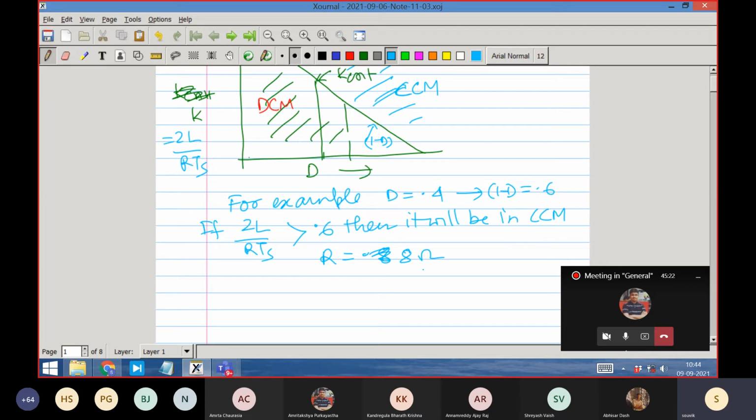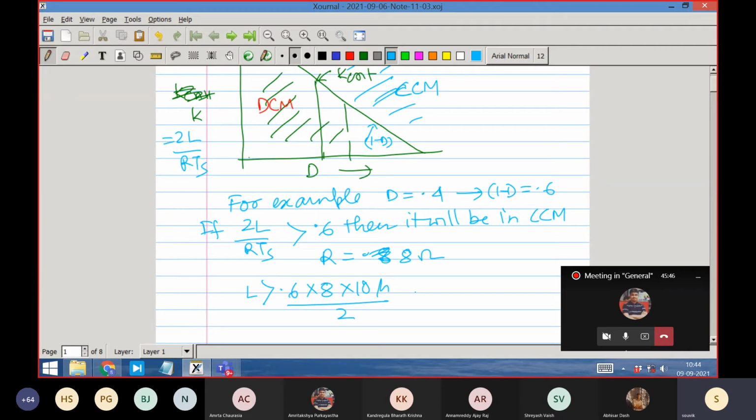Now I want to push it into CCM. So what way will I do? I will change either L or TS. So let us first change L. L has to be greater than 0.6 into R, R is equal to 8 ohm, into TS is equal to 10 micro, divided by 2.